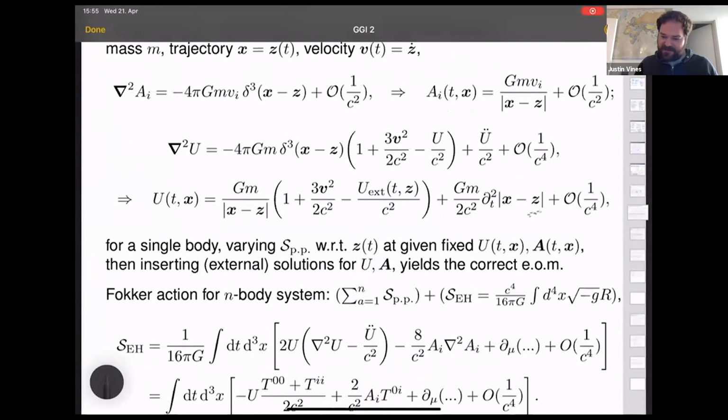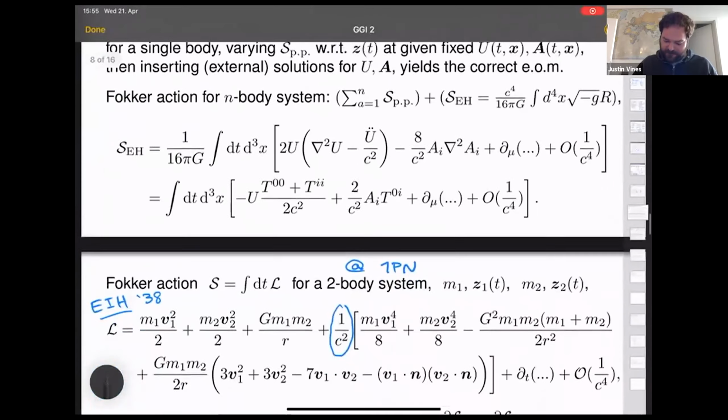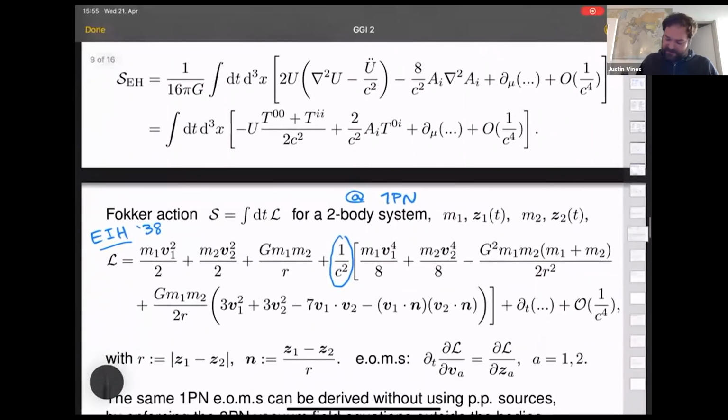They can hit this world line, which depends on time. So you would, in general, have the acceleration appearing in your solution to the field equations, which would end up in your action. However, at least at first post-Newtonian order, that can be tucked away into a total time derivative that does not affect the equations of motion.